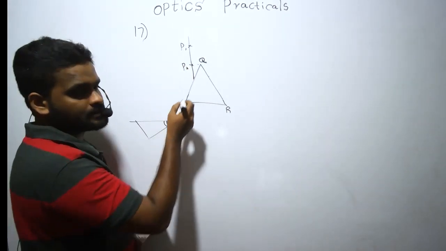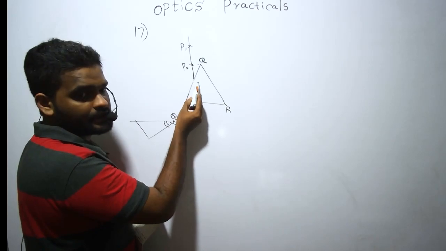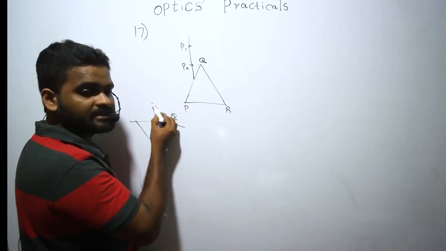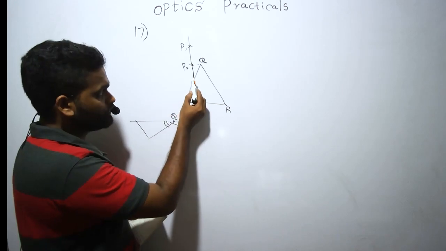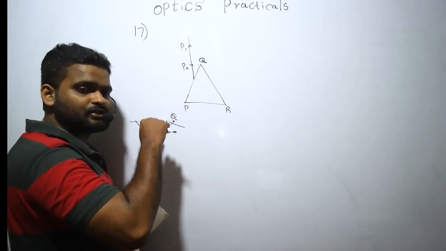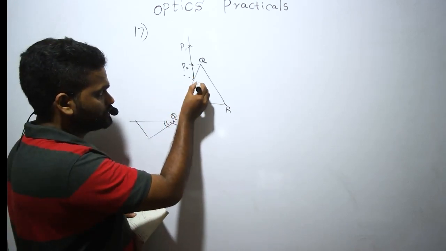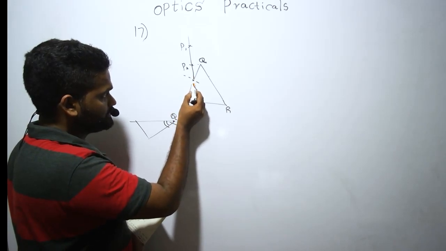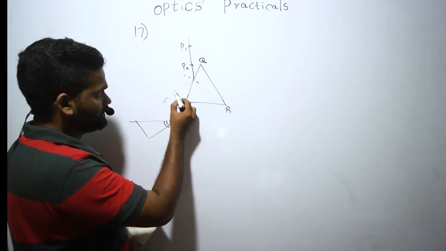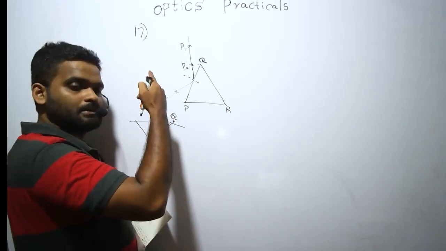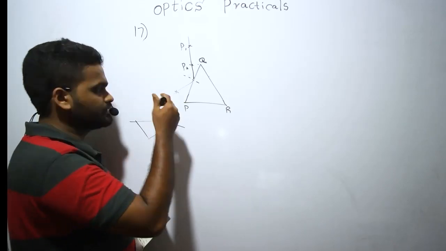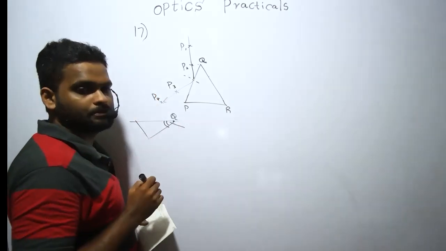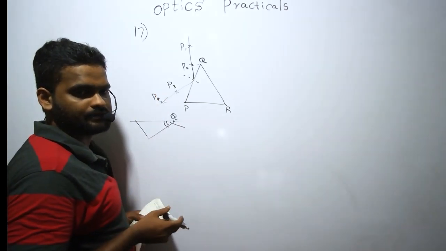So what happens? Part of this ray refracts into the prism, and there's a partial reflection as well. From this side, there's a partial reflection, right? So when that happens, this I and this I are the same. By using the method I explained earlier, you place P3 and P4 pins, right?